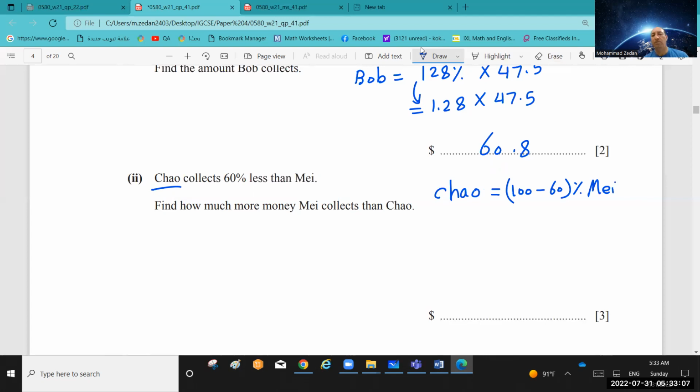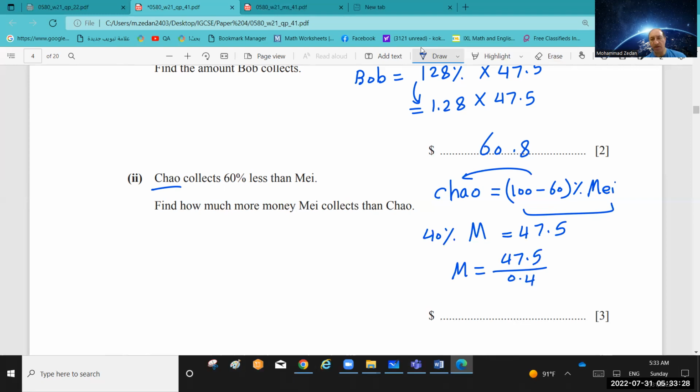So by substituting in this formula, 100 minus 60 is 40% of May is equal to the Chow amount, which is 47.5. By solving this equation, M is 47.5 divided by 40% or 0.4, you get the answer 71.25. Okay, this is the answer simply.